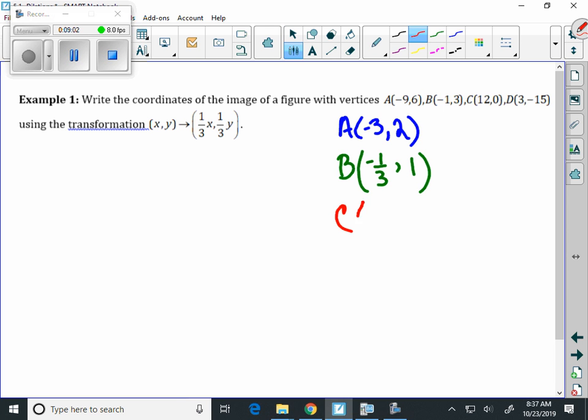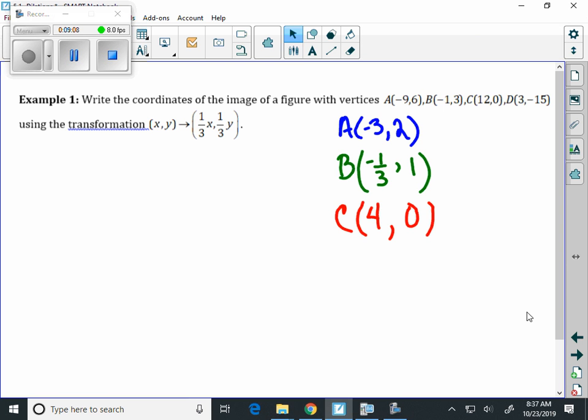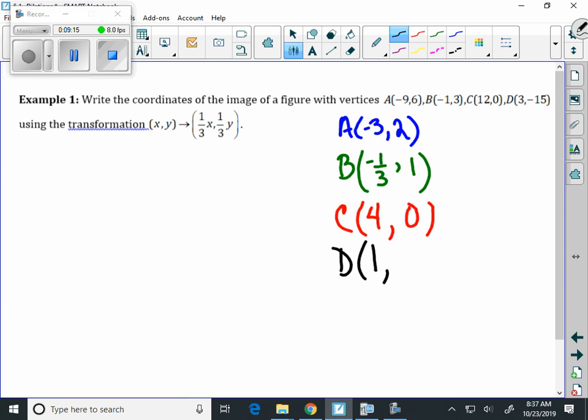Vertice C: 1/3 times 12 is 4. 1/3 times 0 is 0. And vertice D: 1/3 times 3 is 1. 1/3 times negative 15 is negative 5.